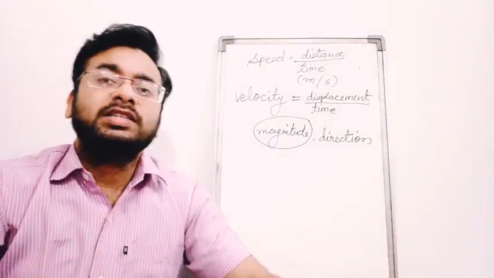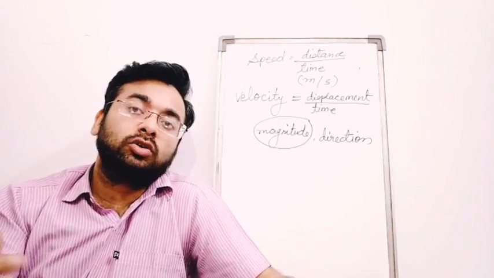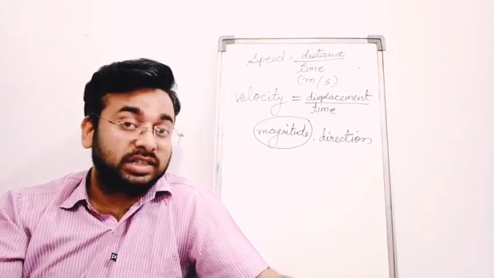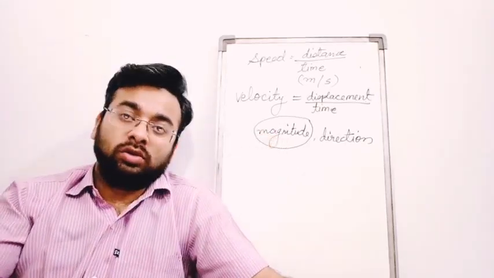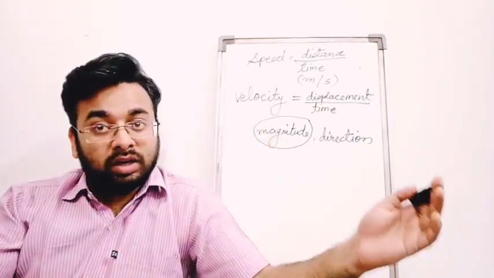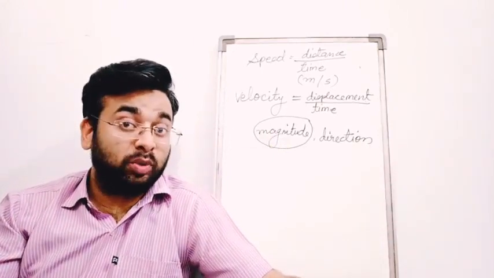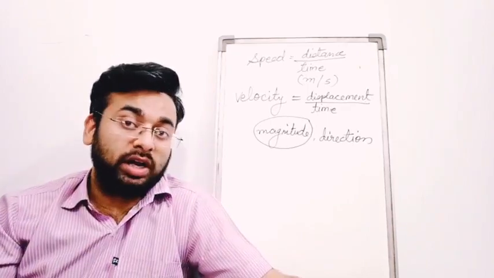For example, if I say there is a person A, he has traveled a distance of 20 kilometers. We don't know in which direction he has traveled, so only the magnitude is given. And if I say that person A is traveling with the speed of 20 kilometers per hour, just the magnitude, no direction.